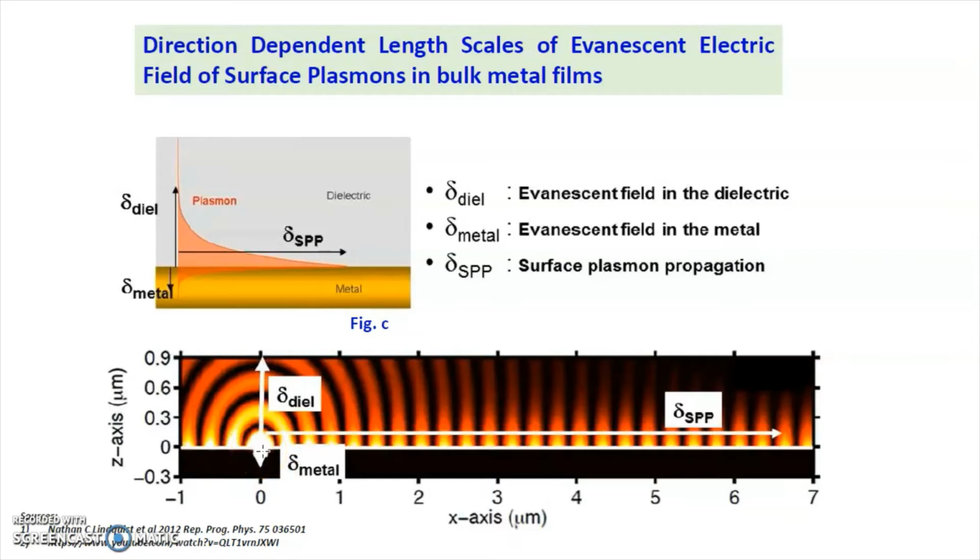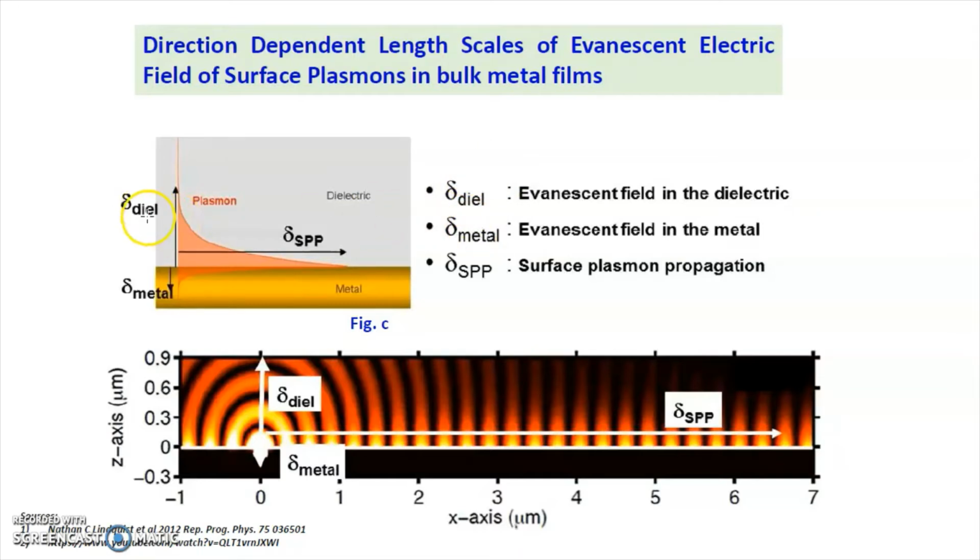From the origin in the x direction, how long is the electric field present? In this upward direction, how long is the electric field present, and in the downward direction, that is inside the metal? We can represent this distance in terms of delta.